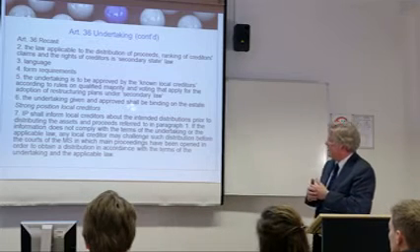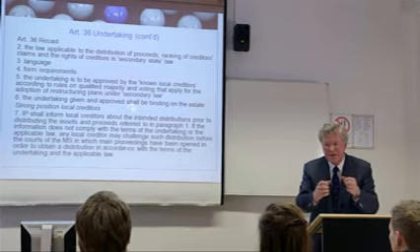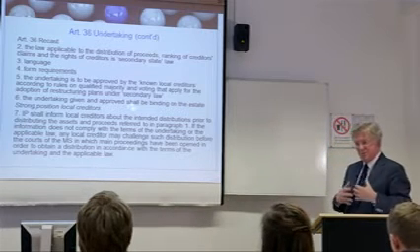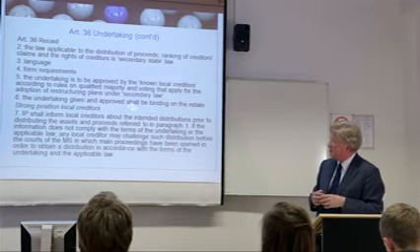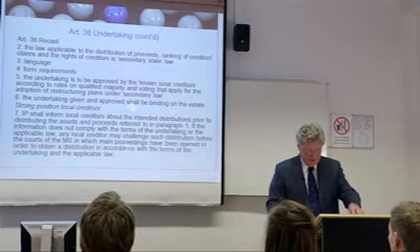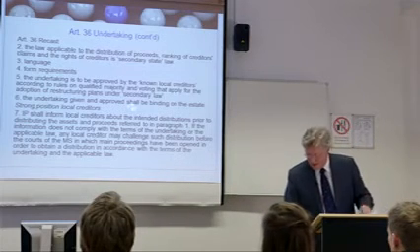And the undertaking given and approved shall be binding on the estate. So the main estate is the main creditor. And there's a strong position for local creditors. The IP has to inform the local creditors how distribution will take place, otherwise they can complain.